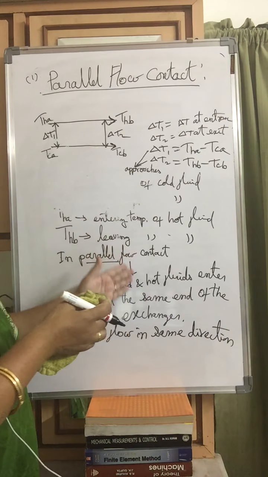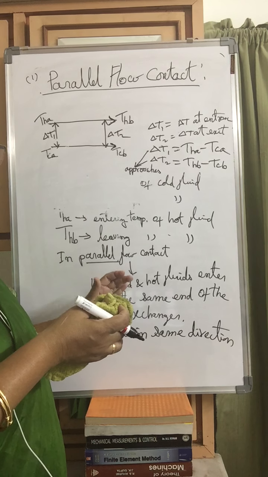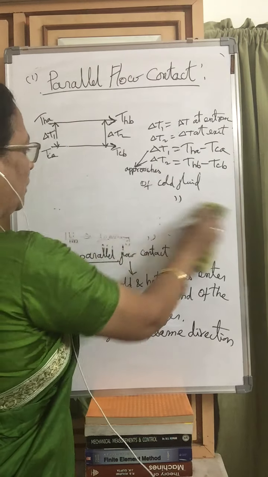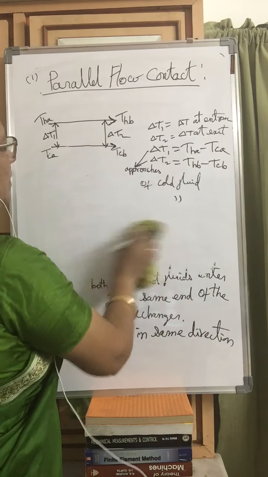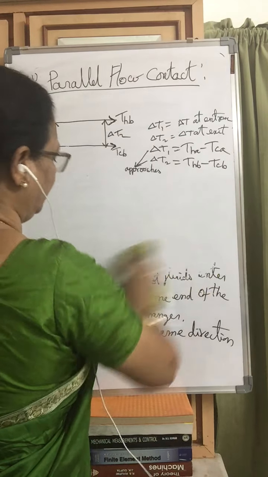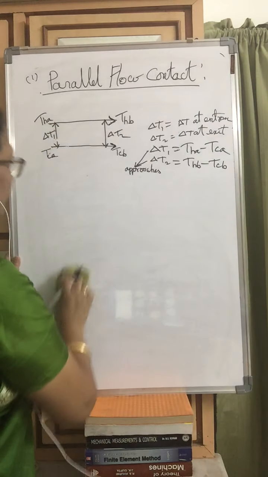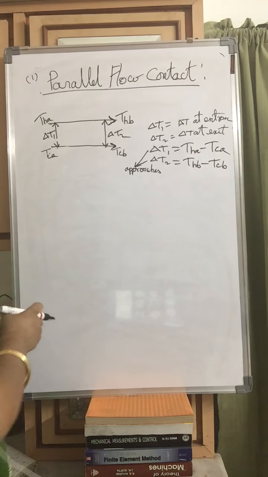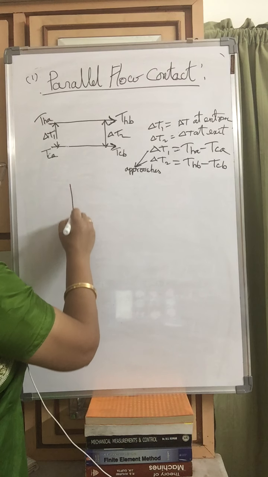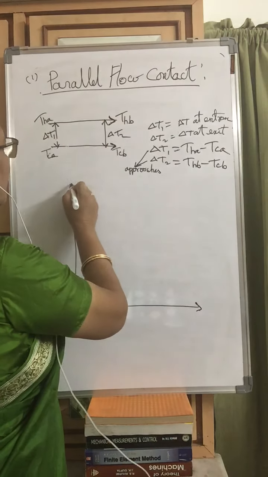This notation remains the same throughout your subject. THA, TCA, TCB, THB remain the same. Now this same diagram, we will draw the graph like this and discuss.